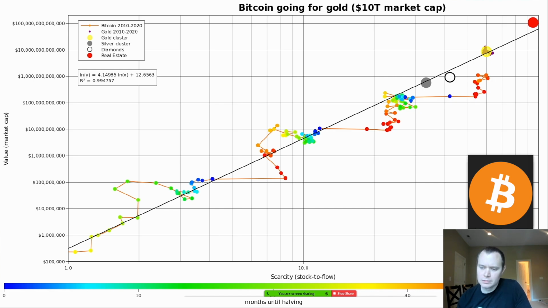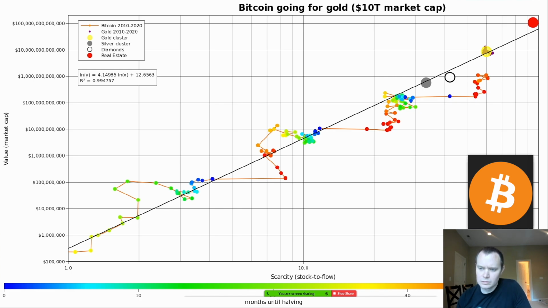But I think that indeed, as you say, we can use this model as it is, with the dollar as the denominator for value. We can use it until we reach the value and the stock to flow of real estate, and that's the red dot on the upper right. Because we can interpolate between all the assets that we know.